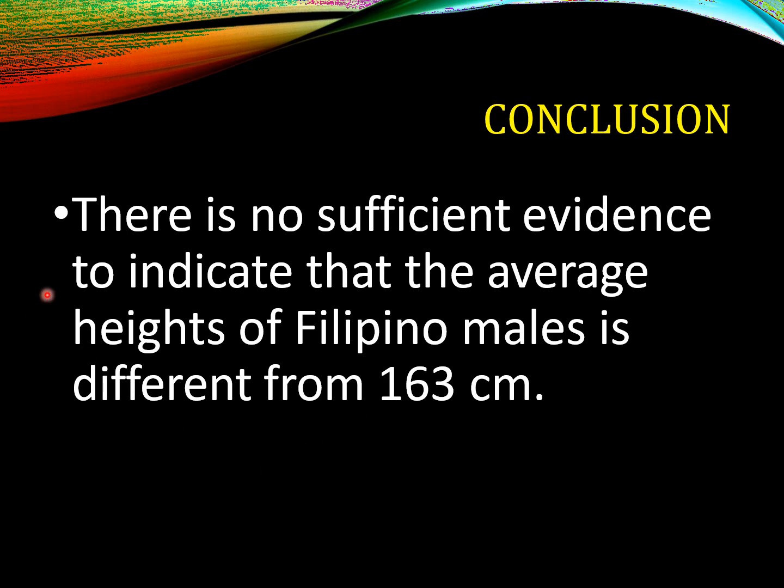So, ibig sabihin, since the computed test statistic T is equal to 1.96 and it does not fall within the rejection region. Kasi nga, less than the critical value yung ating T. Kaya, nasa acceptance region siya or non-rejection region.